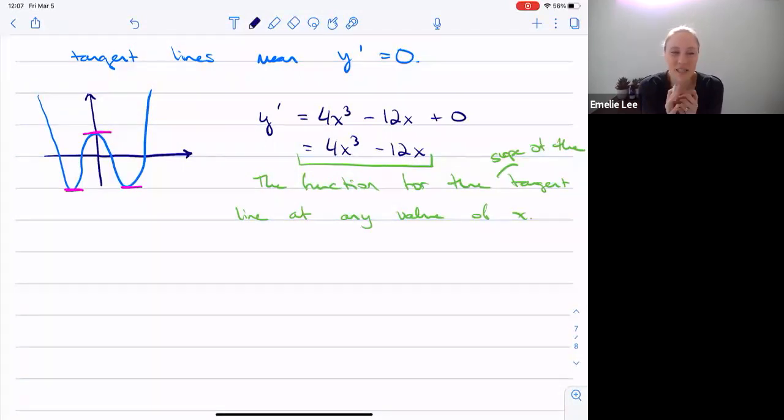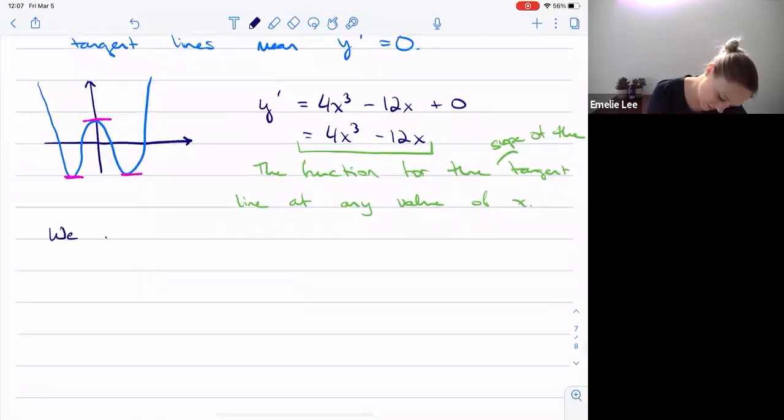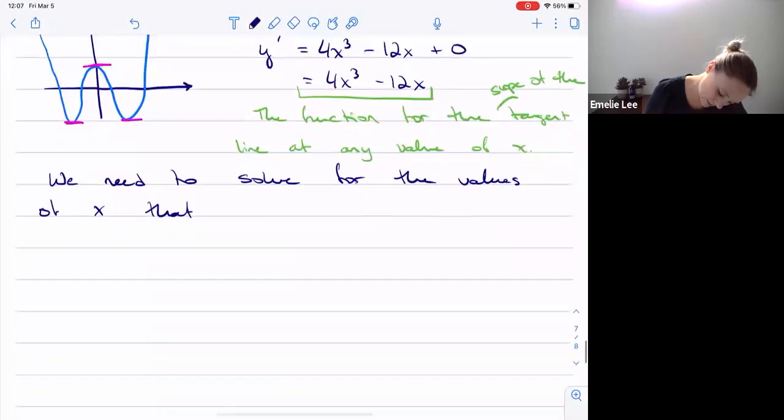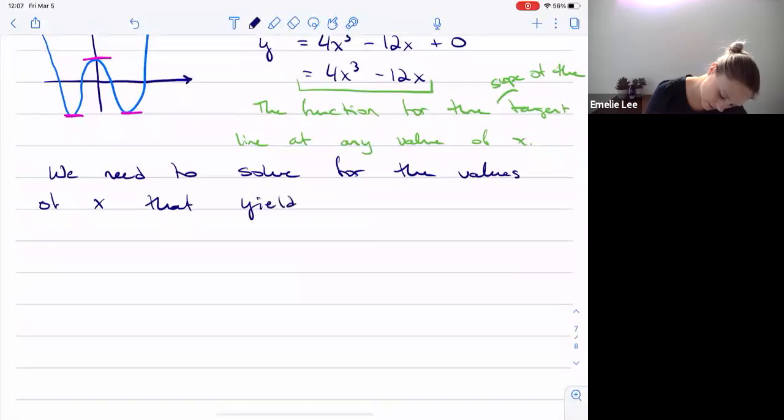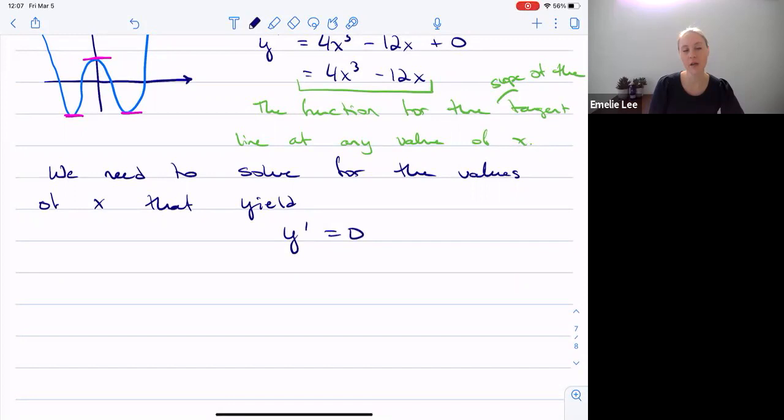So what I want to do is force this slope to be 0. So we need to solve for the values of x that yield y prime is equal to 0.